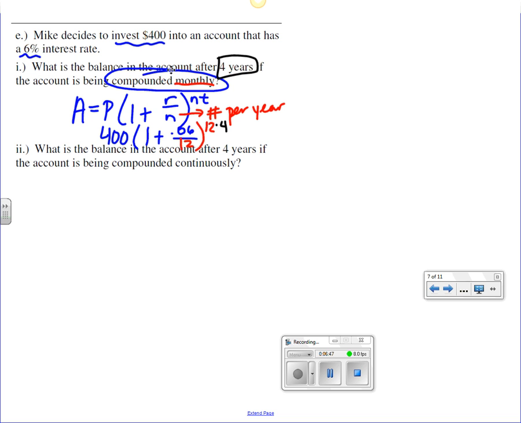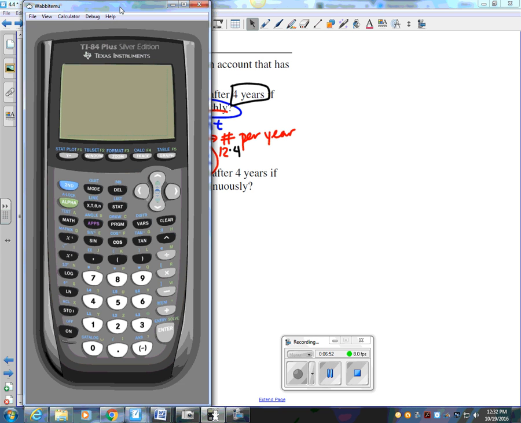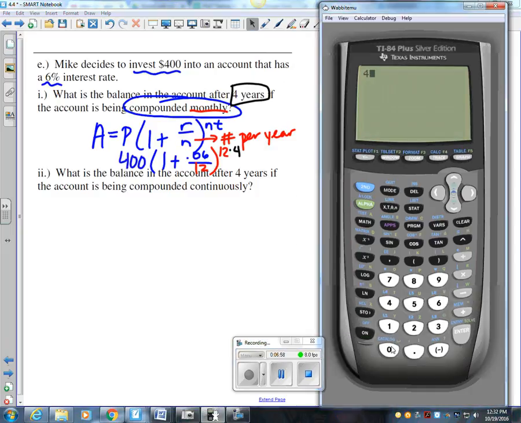When you type that in your calculator, you want to use the fraction key I showed you a couple weeks ago. So you would type in 400, parentheses, 1 plus, and then here's where you want to use the fraction key. Alpha, y equals, enter, 0.06 over 12, parentheses, to the 12 times 4.